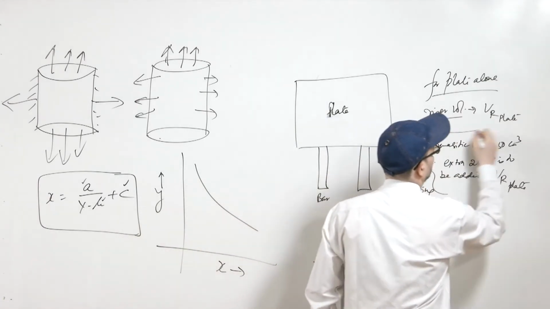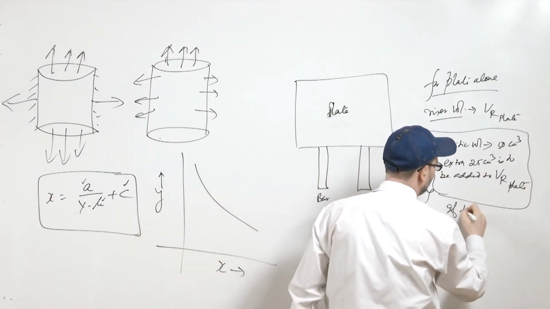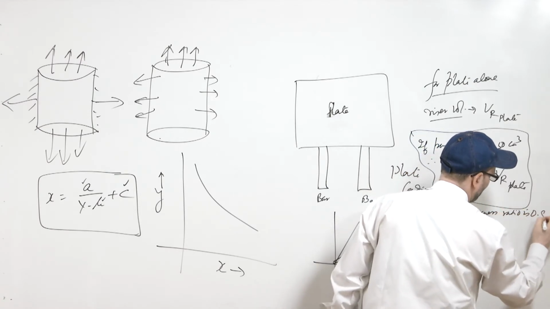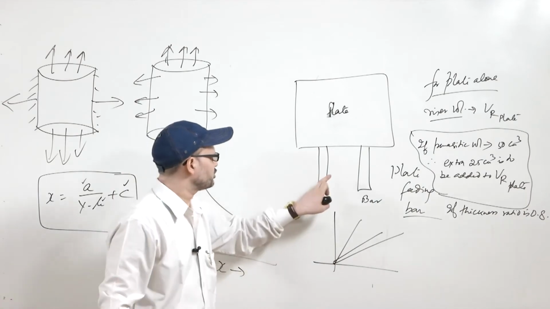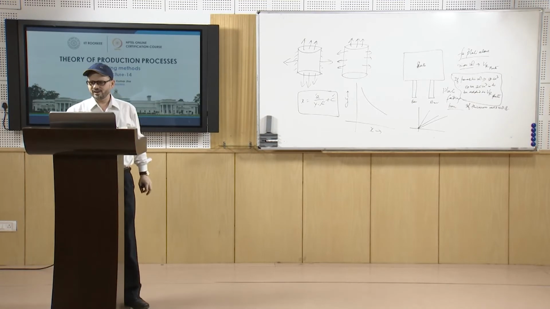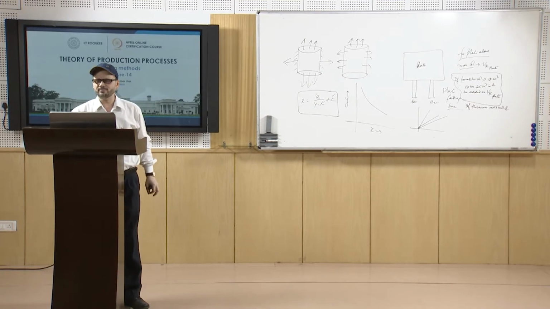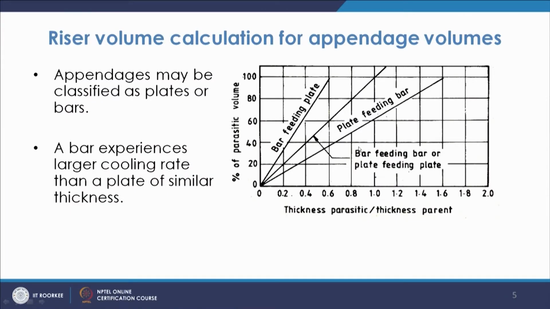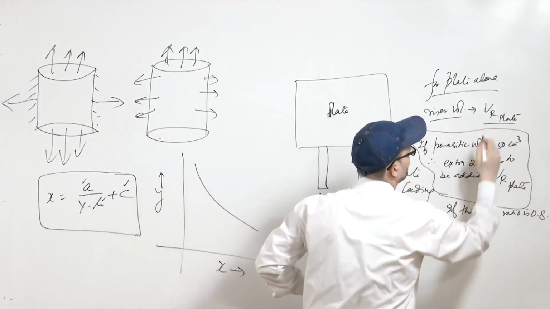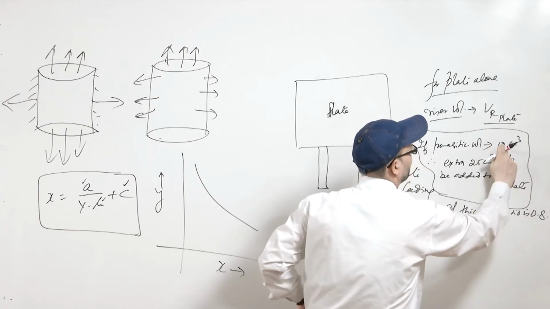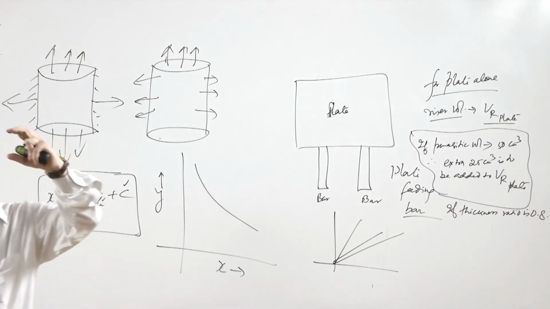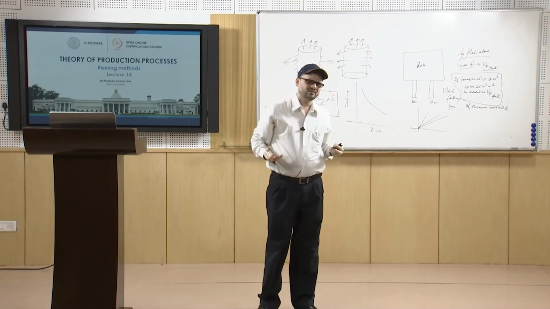If the thickness ratio for the bar and plate is 0.8, then for this plate feeding bar condition it is 50%. So you add 50% of this 50, that is 25 centimeter cube, and then you get the total riser volume required.